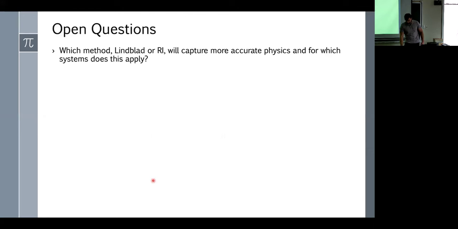So I'll talk briefly about some questions I'm still interested in. Nice. There's a question of which method, Lindblad or repeated interactions, actually captures the molecular physics. Different from many other bounds in the literature, this convergence parameter is where we're implementing one map to converge to another.